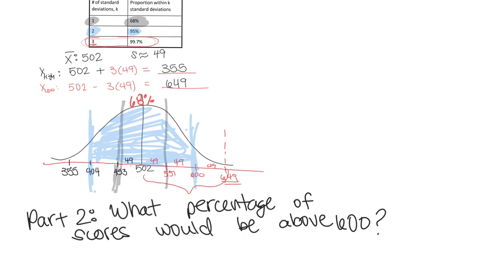So what would be greater than 600? Well, here to here, this is 95%. So if 95% of the values are between 404 and 600, then what percent do you think would be above 600?